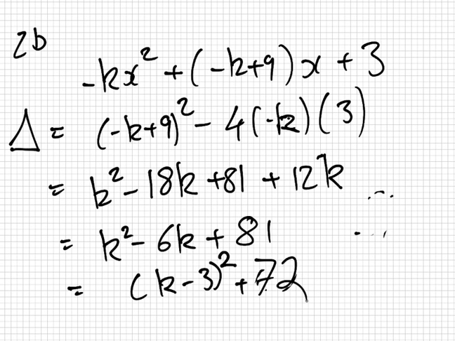Can we just replace the k? No, because the question wants you to prove that it has 2 roots. If you did replace the k, you would still get 2 roots, but you wouldn't know if that was always true for all values of k, just for the one you picked. But no matter what value of k I choose, except 0, because of the square, this discriminant is always positive, which means it always has 2 roots.